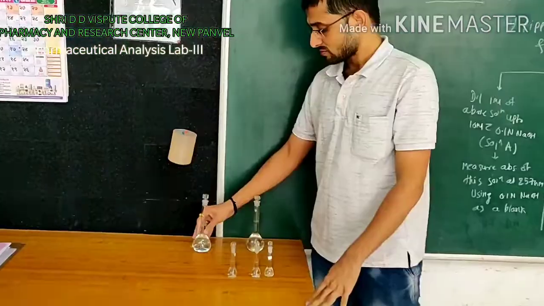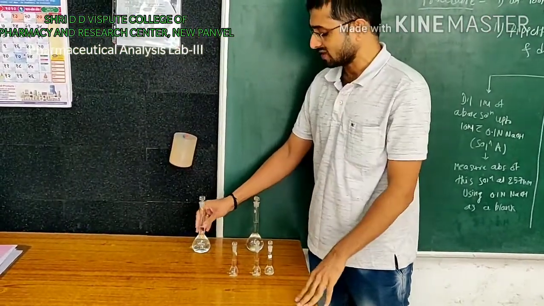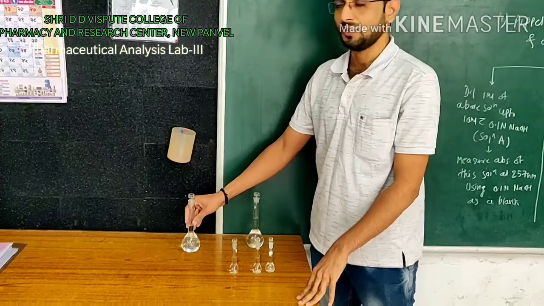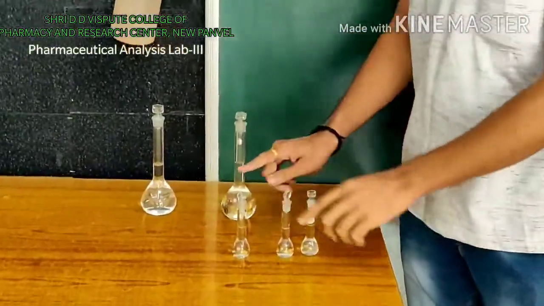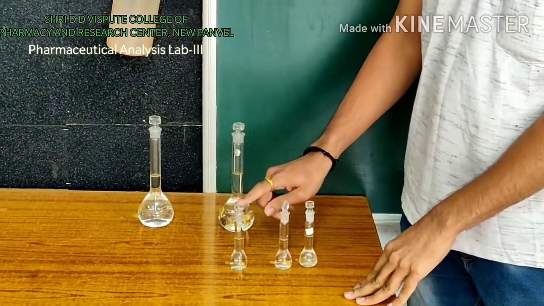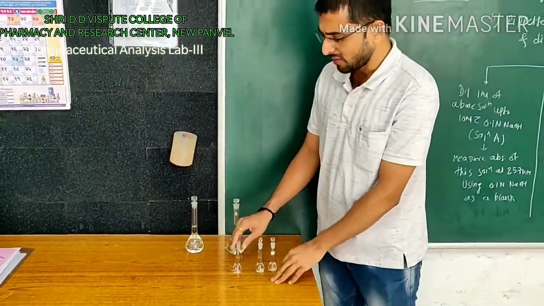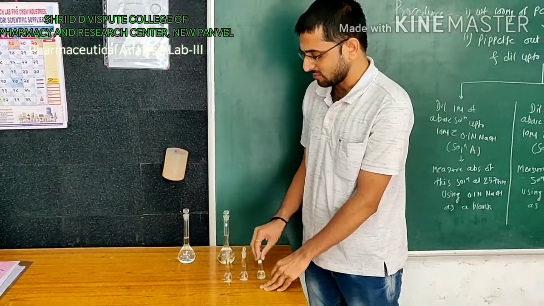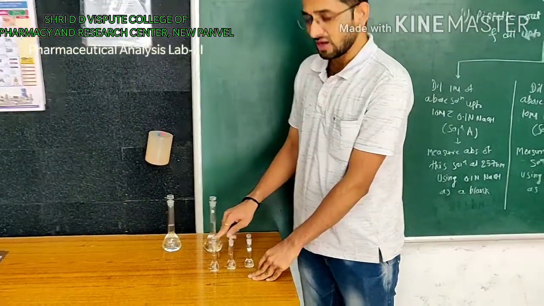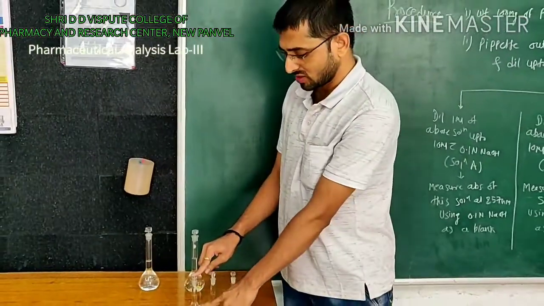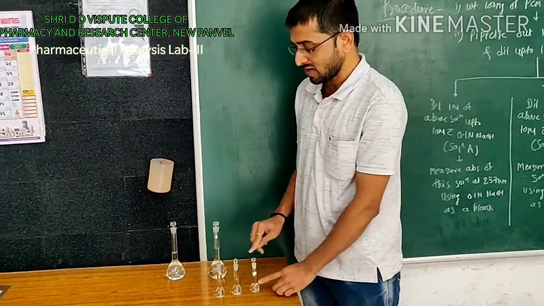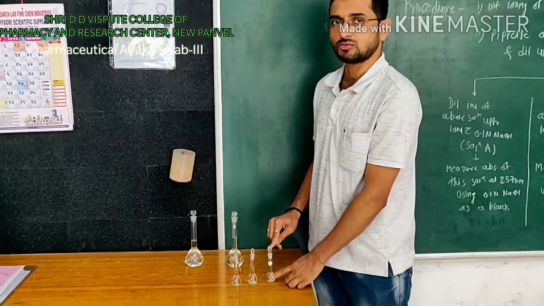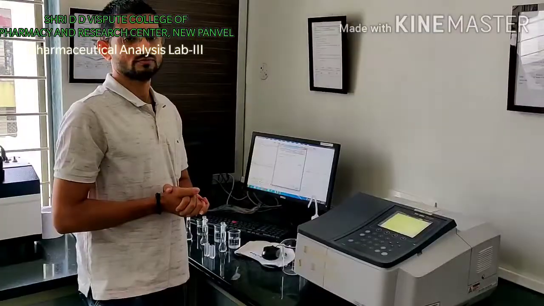So we have already prepared the 1000 microgram per ml solution, then the 100 microgram per ml solution. From this, we take 1 ml each into flasks A, B and C. Flask A is diluted up to 10 ml with NaOH, flask B with HCl, and flask C with phosphate buffer pH 8.6.